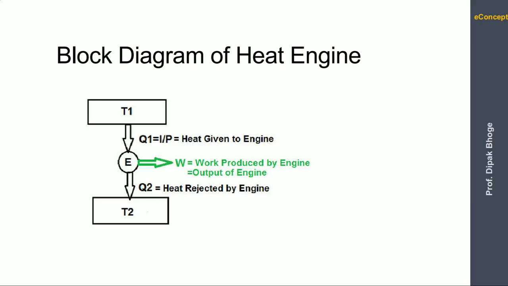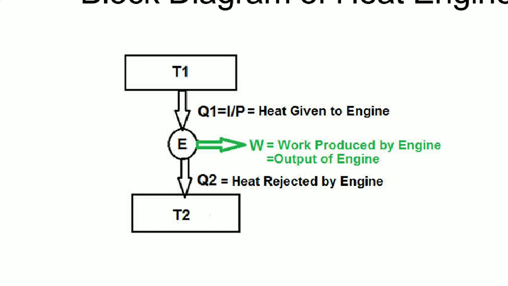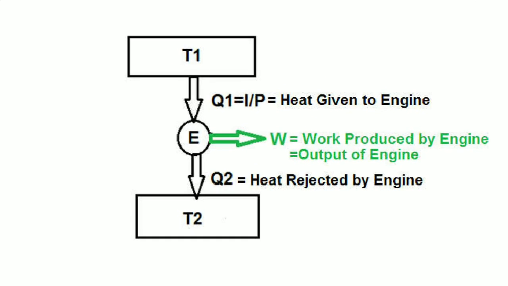Now for analysis purpose, heat engine is shown in the block diagram like this. In this block diagram, the source of heat energy is taken at a high temperature T1, from which Q1 amount of heat is given to the engine.